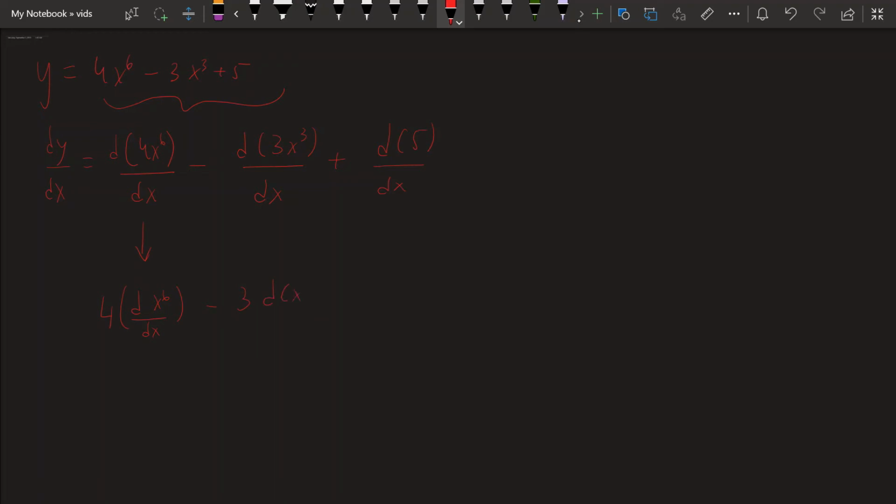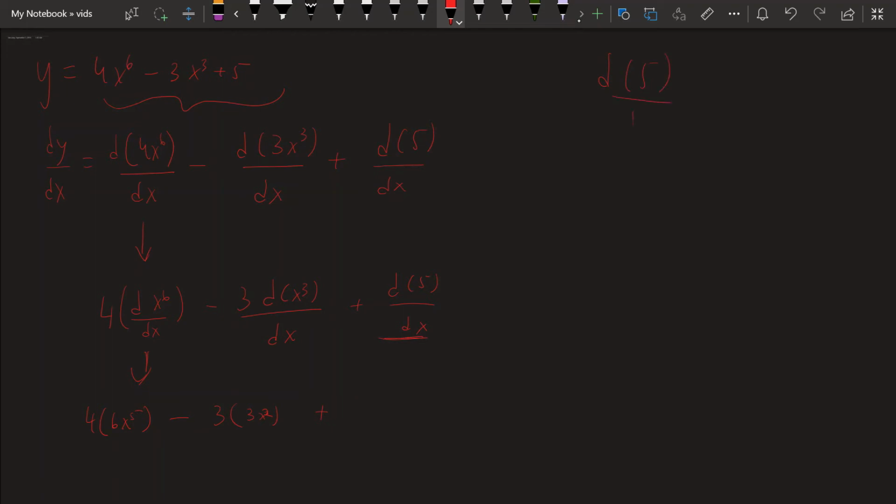And I showed you how. Same thing with this, and nothing happens to the derivative of 5. Now, we can use the power rule, and we can say it's 4 multiplied by 6x to the power of 5 minus 3 multiplied by 3x squared, right guys? Plus, and now we need to find this.